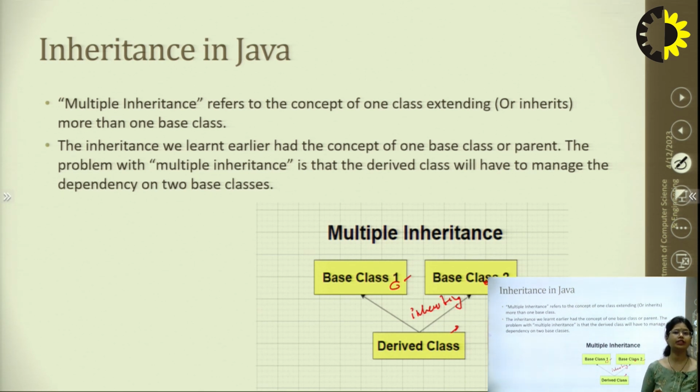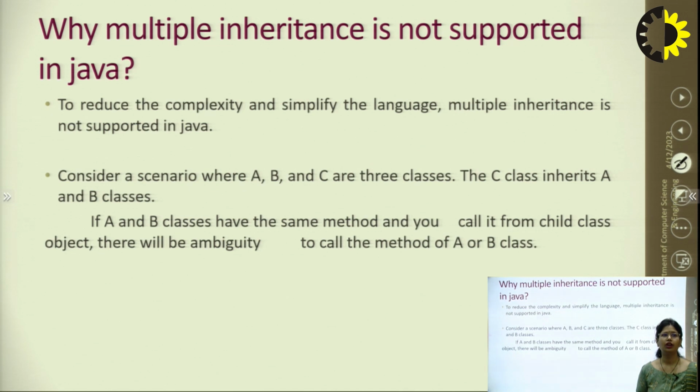So this is the major issue, and so Java simplifies this and doesn't support multiple inheritance. Let's understand why Java doesn't support multiple inheritance. We can say that it increases the complexity.